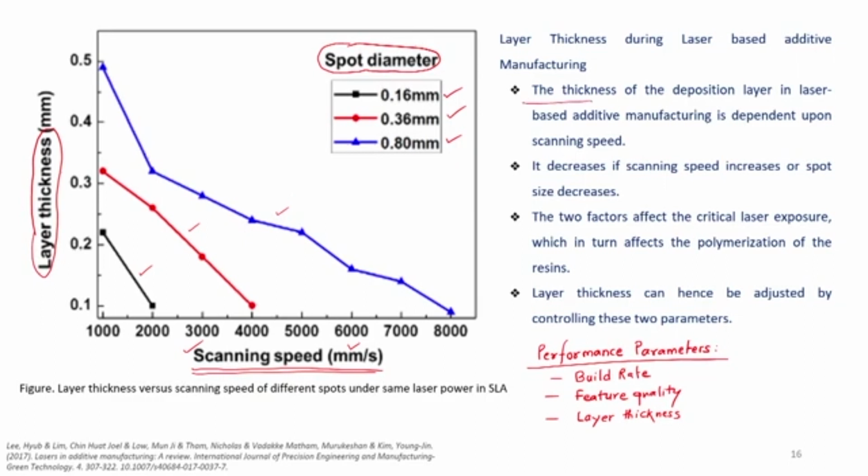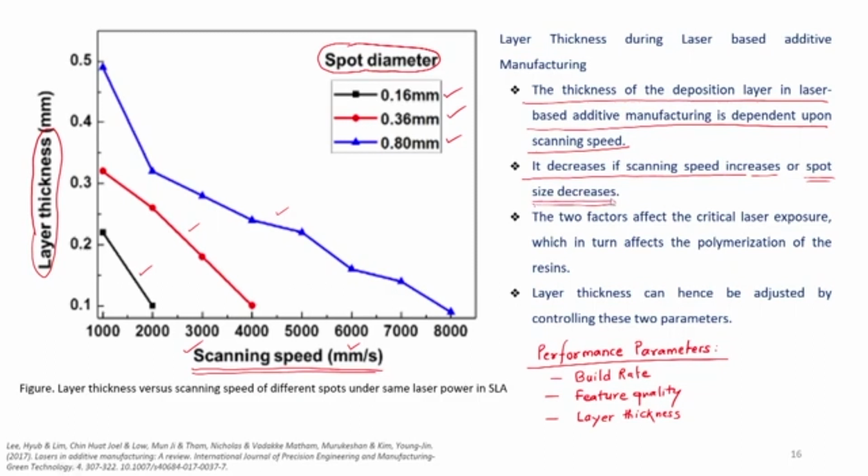So, thickness of the deposition layer in the layer based additive manufacturing is dependent upon the scan speed. The thickness of the deposition layer is decreasing if the scan speed is increasing or spot size is decreasing, which is very obvious.